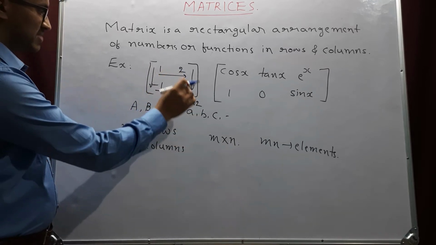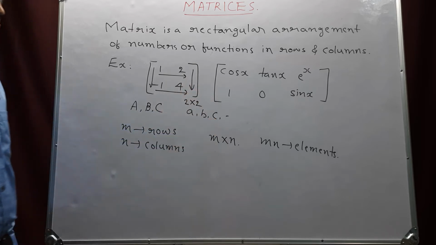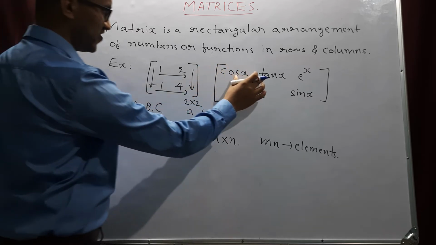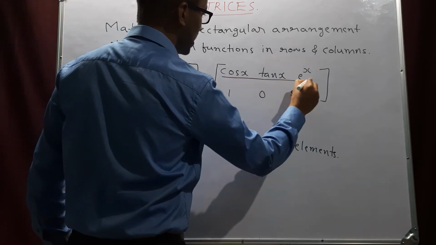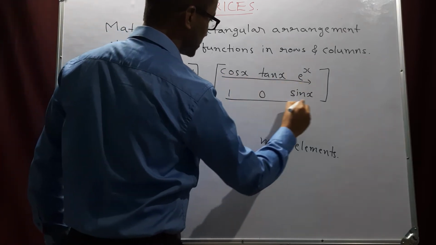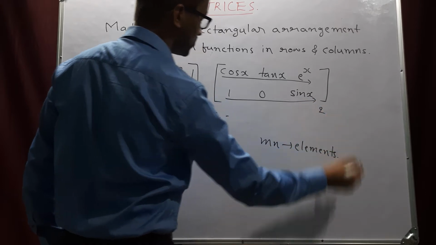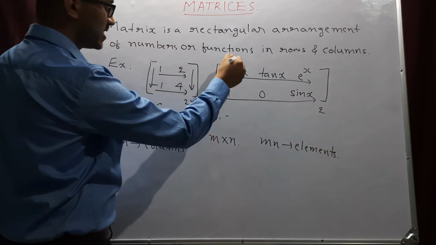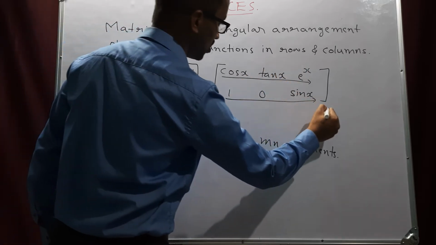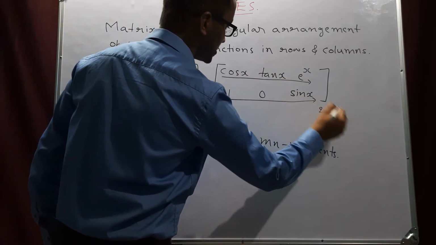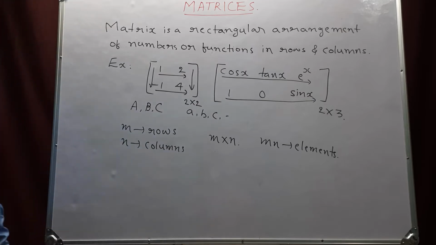So order of this matrix becomes 2 by 2. Similarly, if we consider this example, again this is first row, this is the second row. So that is 2 rows and 3 columns. First column, second column, third column. So order of this matrix becomes 2 by 3.